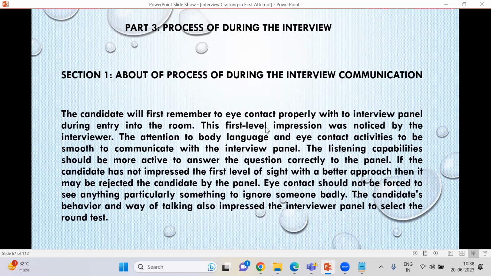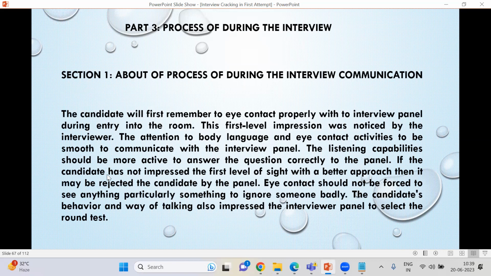This is the first level impression noticed by the interviewer. Attention to body language and eye contact should be smooth to communicate with the interview panel. The listening capabilities should be more active to answer the question correctly to the panel.